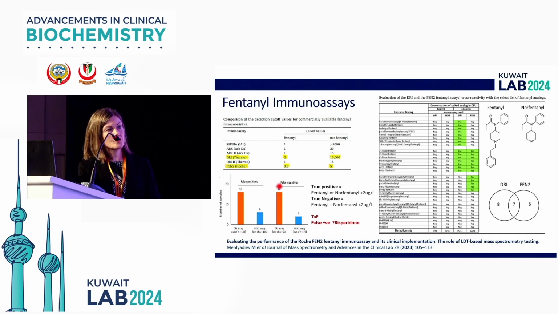There were also false negatives, so samples with fentanyl and norfentanyl above the detection limit of the assays that were not detected in the immunoassay, giving a false negative effect. So you get false negatives and false positives.